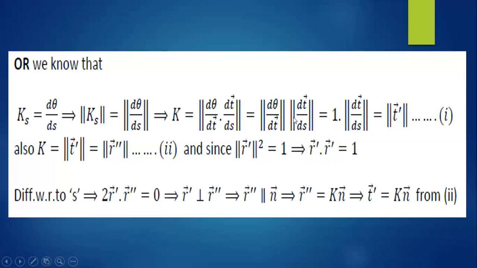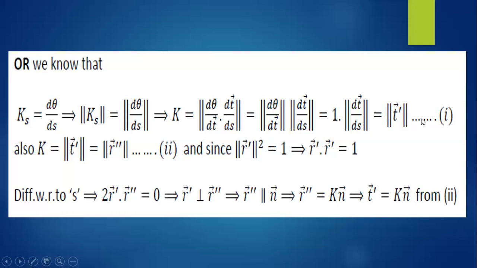Why is this 1? As dθ/dt is a unit change, it is 1, its arc length is 1. So this result is equal to the magnitude of t prime. This is the derivative of the tangent vector with respect to s. So k is equal to the magnitude of t prime vector.